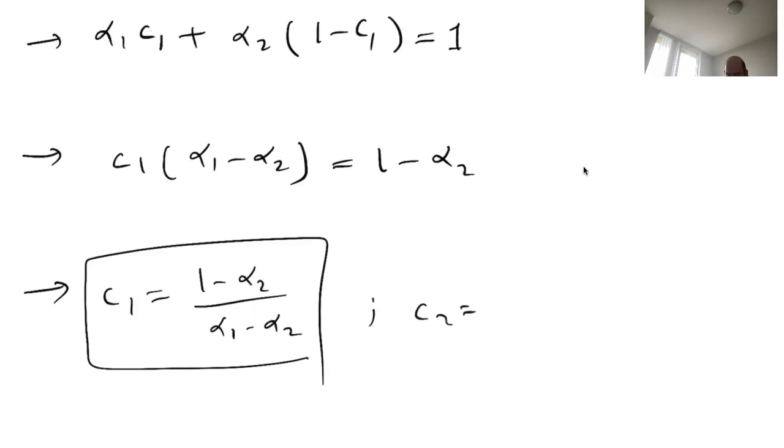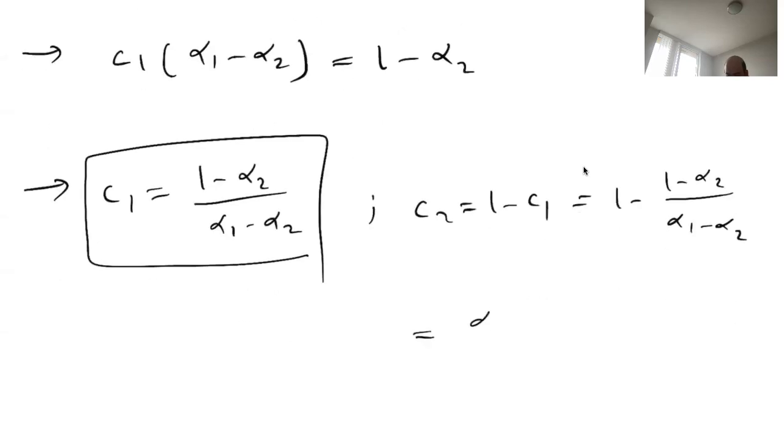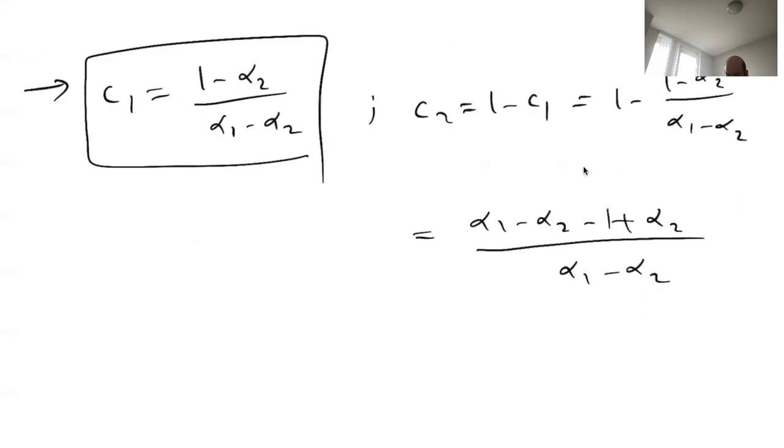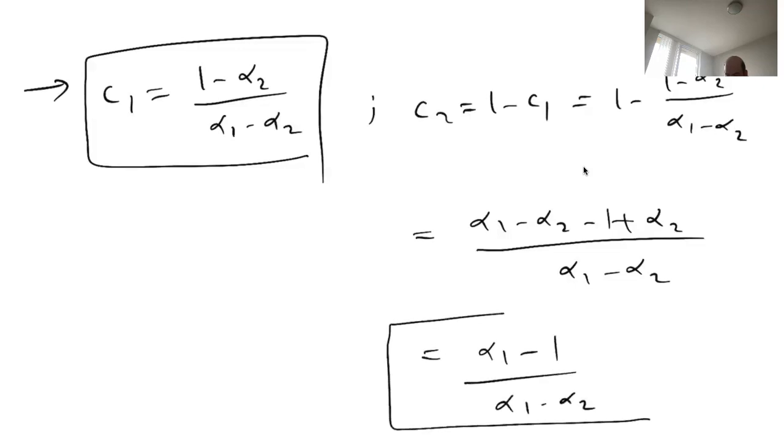And c2 will be 1 minus c1, equals 1 minus (1 minus alpha 2) divided by (alpha 1 minus alpha 2). So this will be alpha 1 minus alpha 2 minus 1 plus alpha 2 divided by alpha 1 minus alpha 2. And then this will be alpha 1 minus 1 divided by alpha 1 minus alpha 2. This is the value of c2.